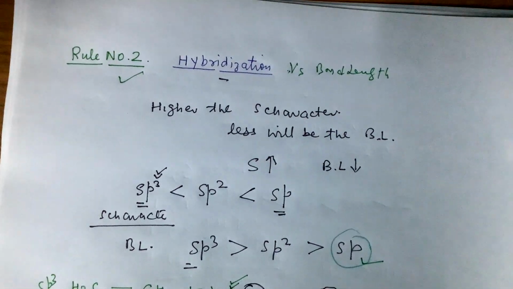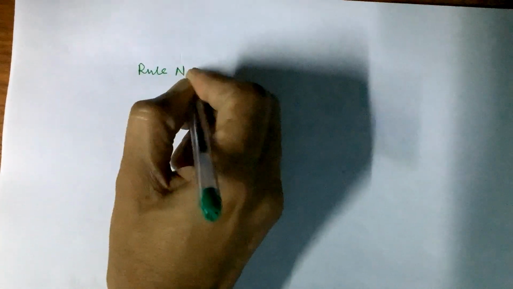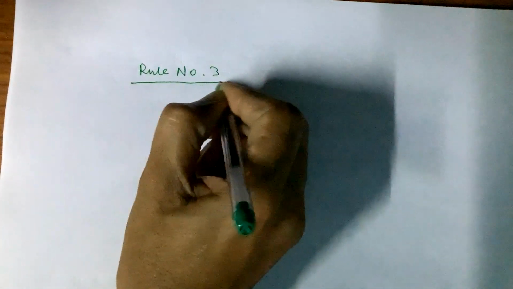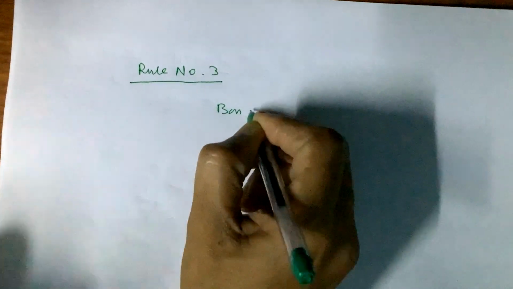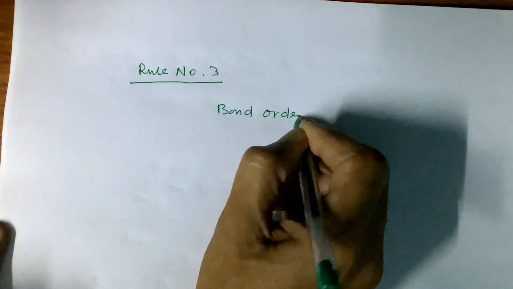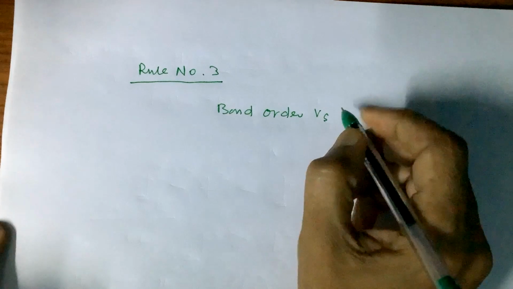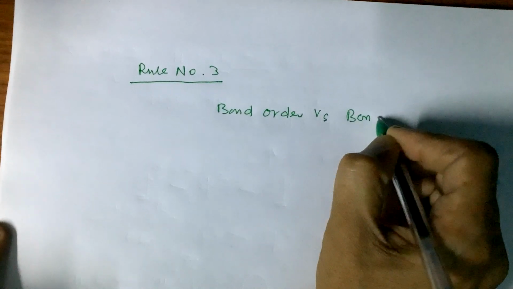Now we come to rule number 3, bond order versus bond length.